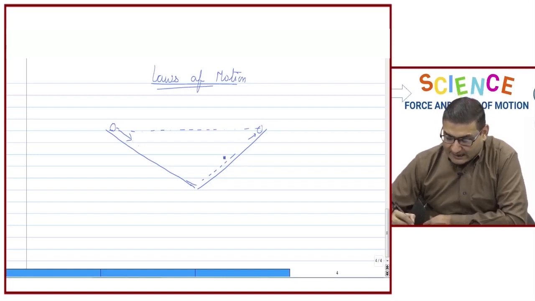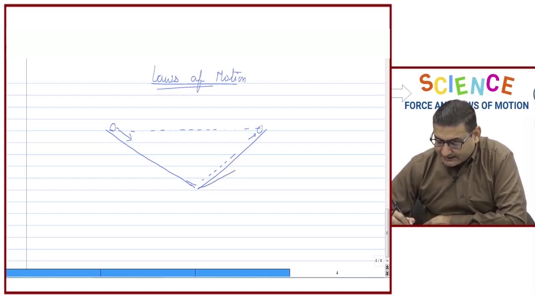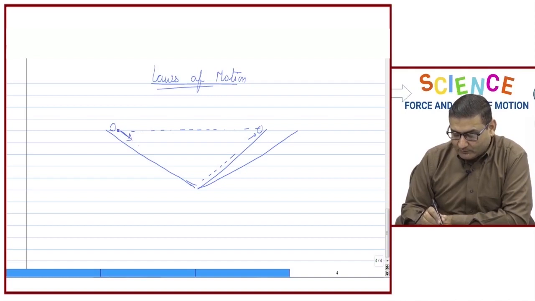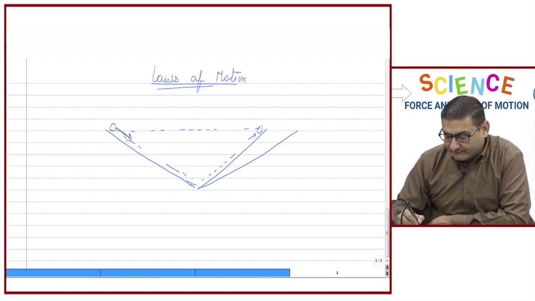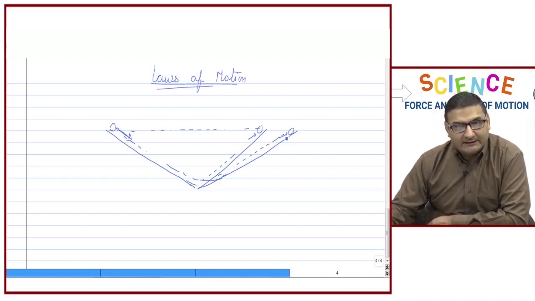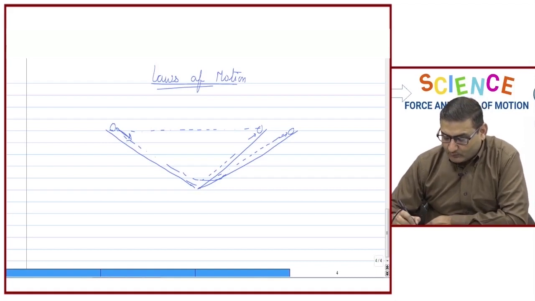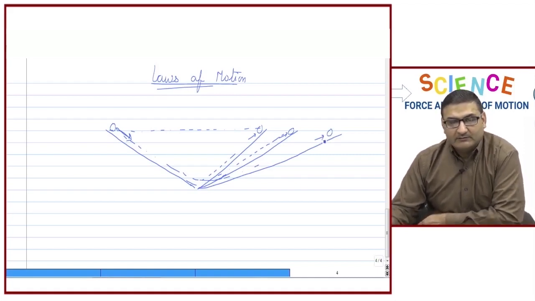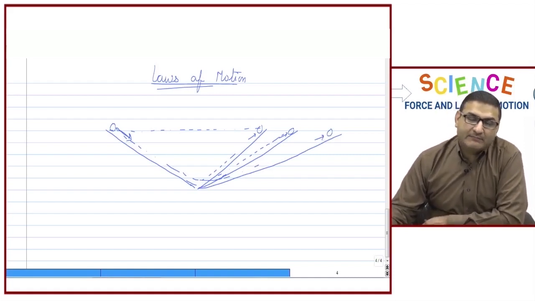If I just change the inclined surface like this, then also when the ball will go down from here, it will travel the whole distance and now it will travel some more distance to achieve the same height. Similarly, with a more inclined surface, the ball is going to travel some more distance, but it reaches and attains the same height.